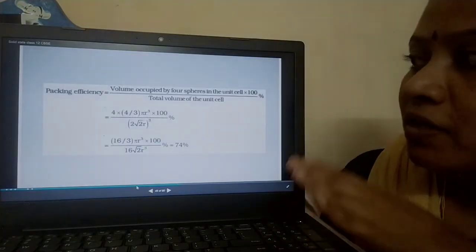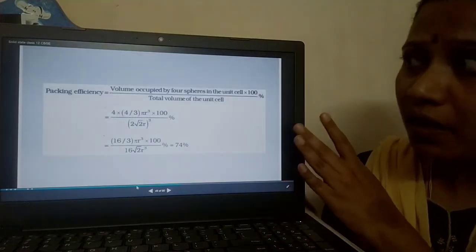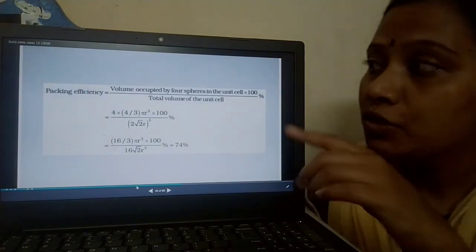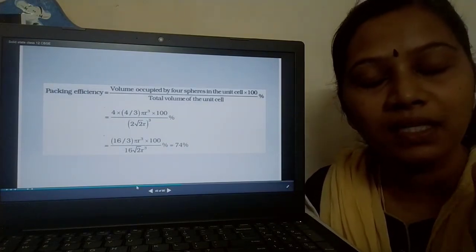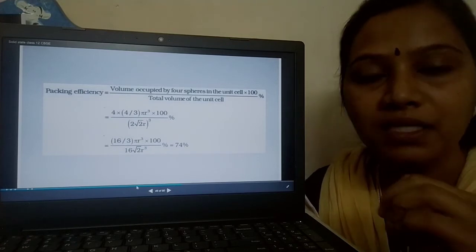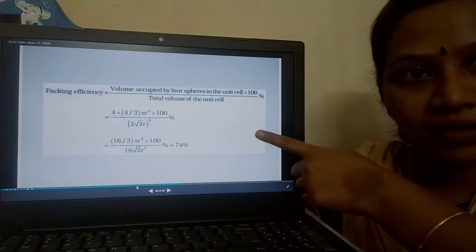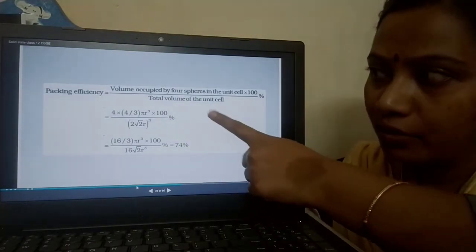Okay. So this is the clear-cut picture of packing efficiency in the face-centered cubic cell. Packing efficiency is nothing but the volume occupied by all the spheres divided by the total volume, into 100. Now how many spheres are there in a face-centered cubic cell? It is 4.